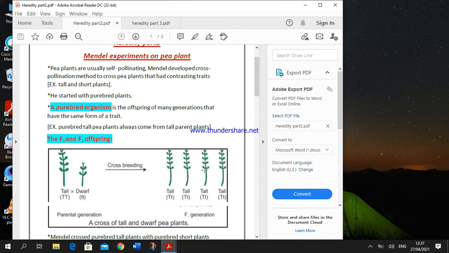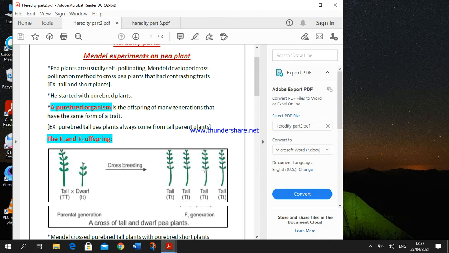Gregor Mendel is considered the founding father of genetics. He crossed pea plants having contrasting traits to show how traits pass from parent to offspring, like stem height, flower color, and seed color.